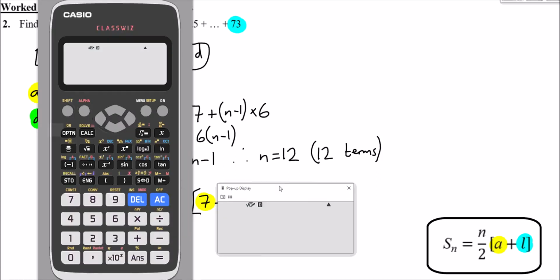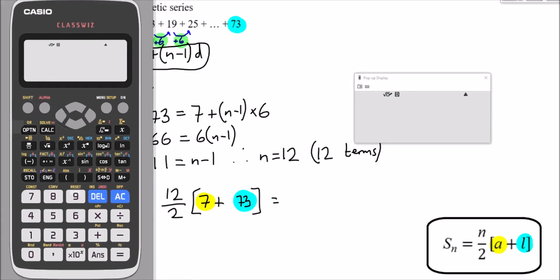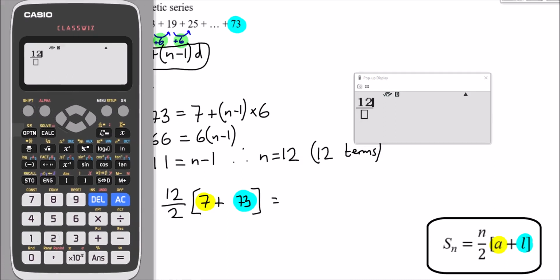So if we just calculate this now, so 12 over 2, and brackets 7 add 73, we get 480.